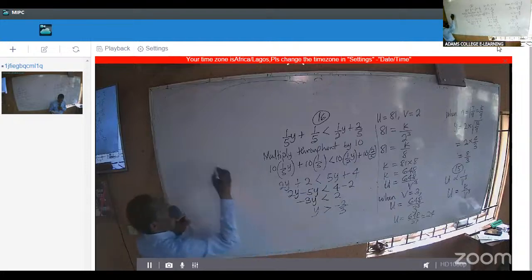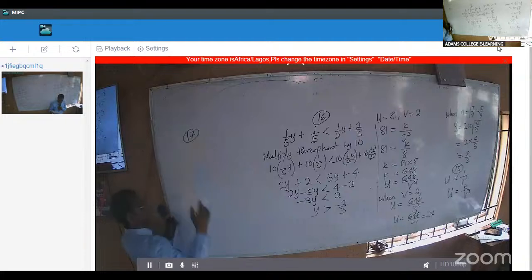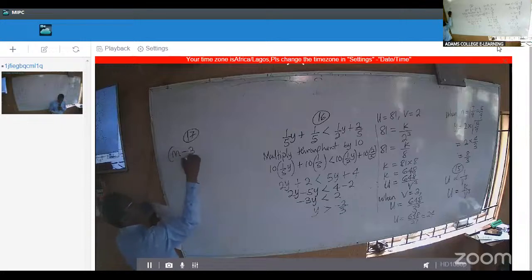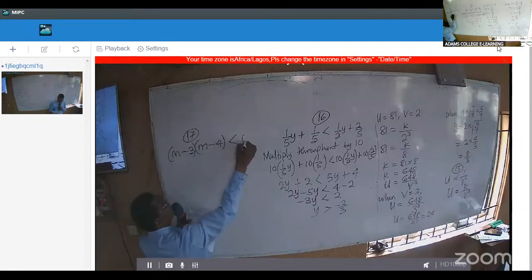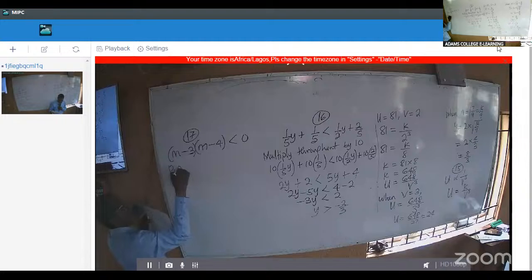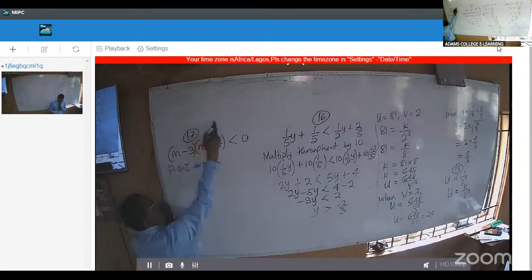Let's go to number 17. Find the range of values. I've told you this one before. Funny enough, some of you went to expand. You don't have to expand. Just a point of interest. You transfer minus 3 to that side. What will it become? 3.